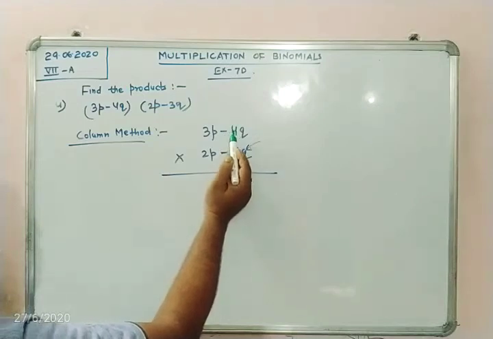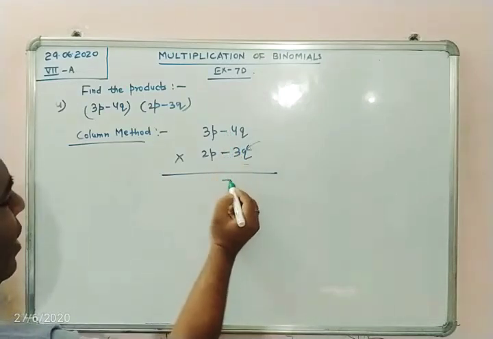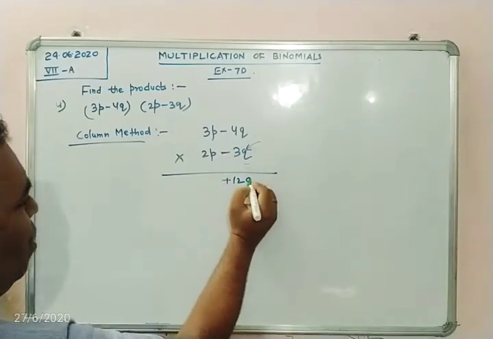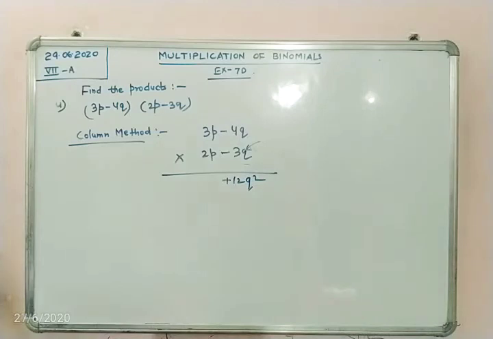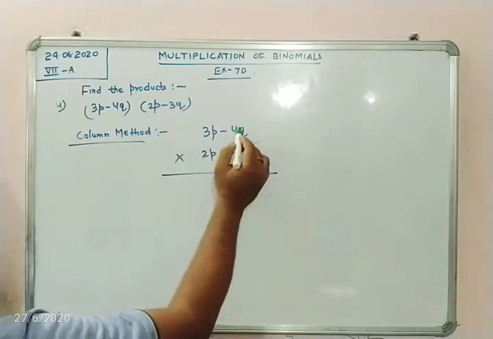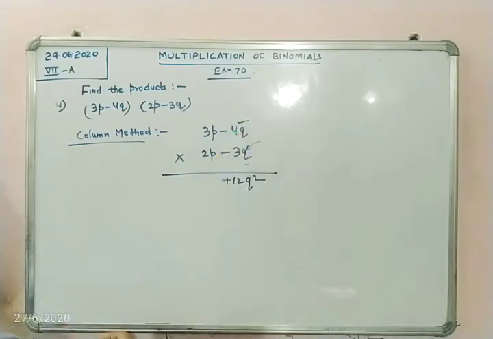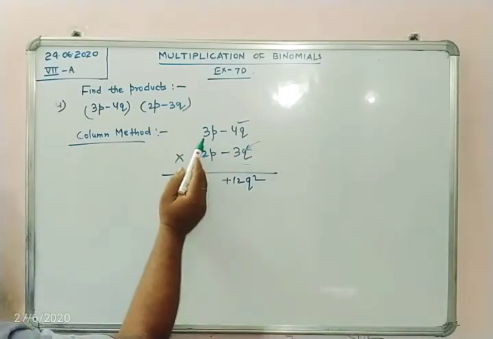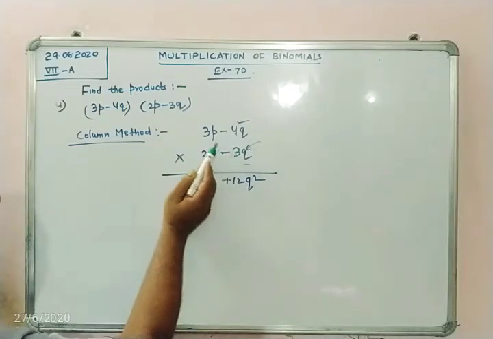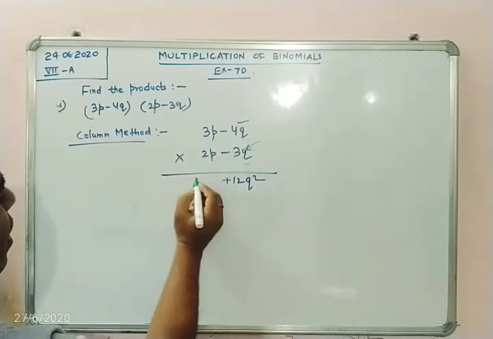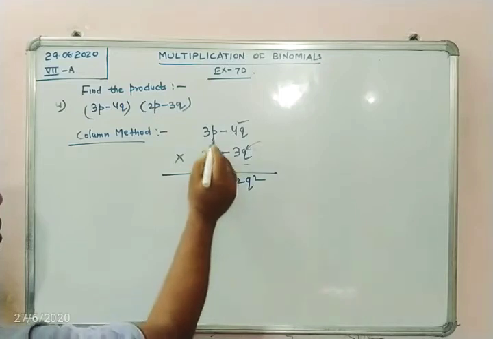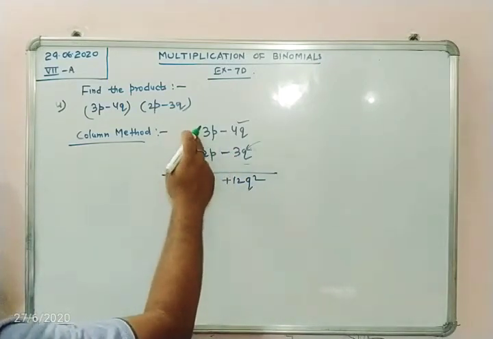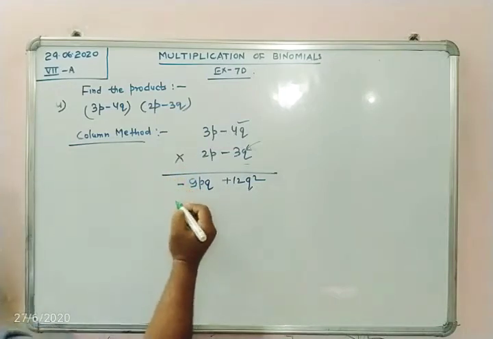So minus, plus 4 times 3 is 12, q into q, q². Okay. Now I have done the multiplication with minus 4q of minus 3q. Now again I am going to multiply, 3 times 3 is 9, so 9pq. What will be the sign? Here minus, here plus. So minus times plus gives you minus.